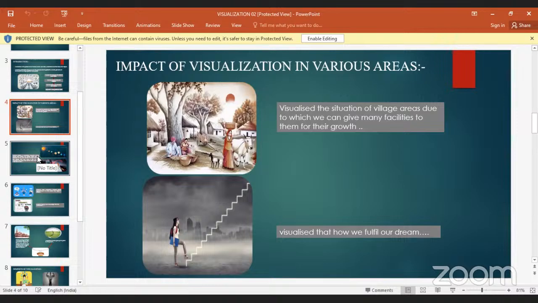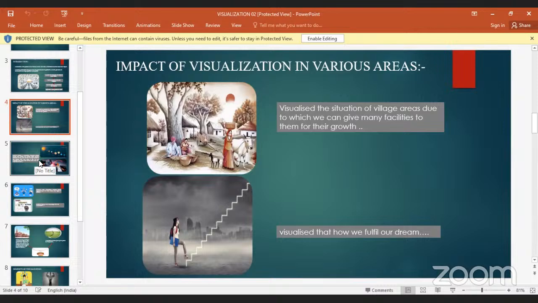In the first image you can see a person from a village area. From this I wanted to say that we visualize only about their career, about their nature, about how they survive in the village areas. We visualize what facilities are not available in the village area. At present we cannot see with our eyes, we only visualize.